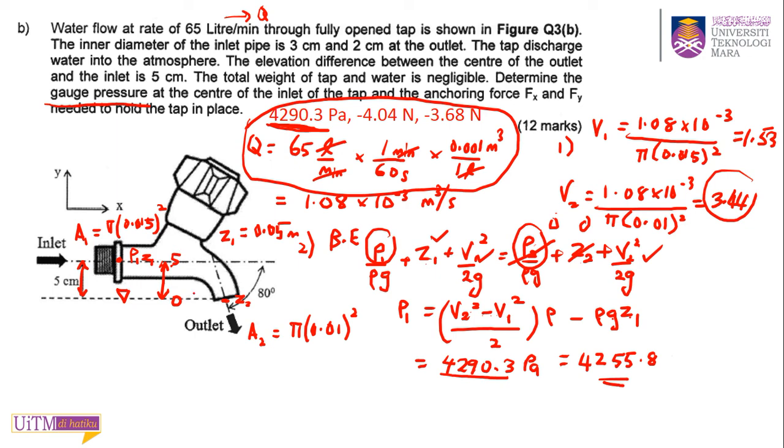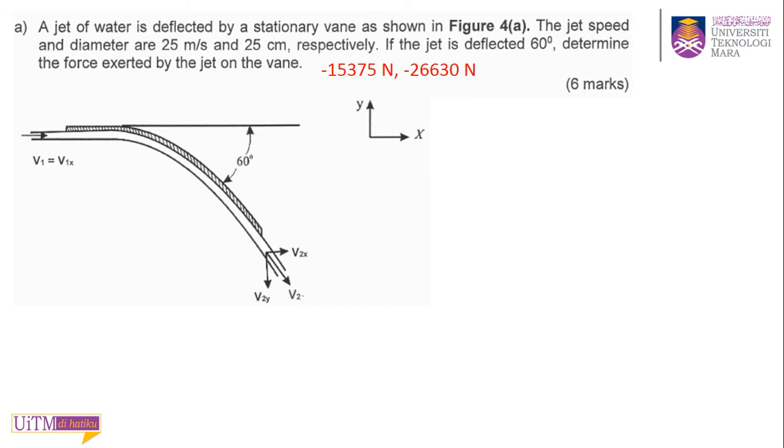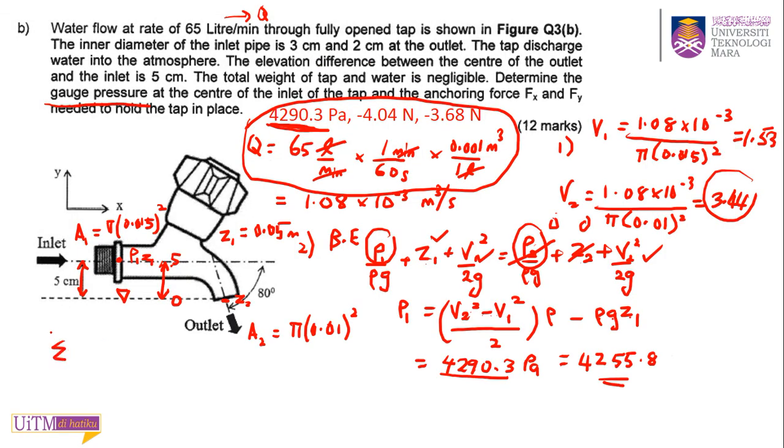Okay, next, you find Fx. Then you find alamat tak ruang kat sini, Fx. Okay, this one positive. Fx equal to rho Q v2x minus v1x.